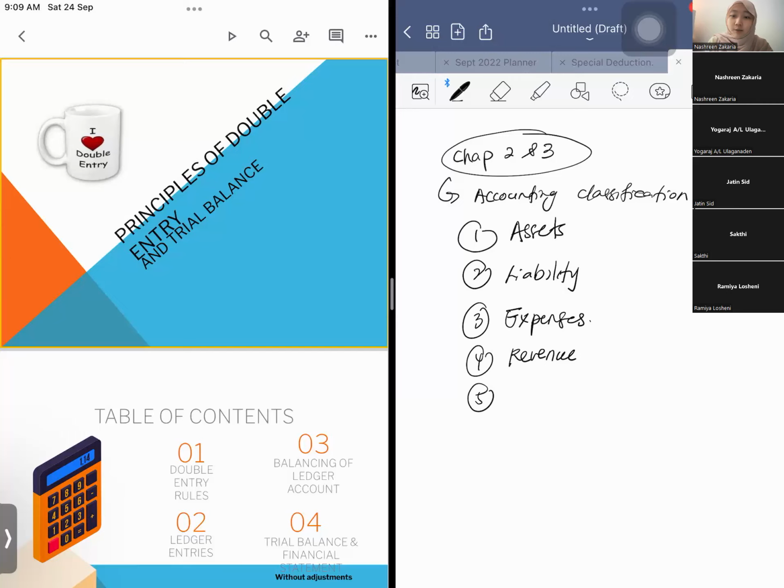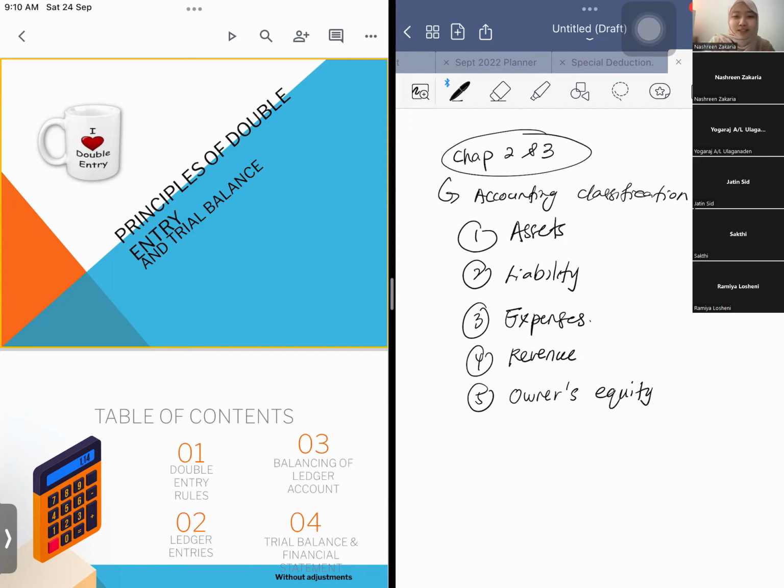Model, yes, correct. But the other word for model, what is it? Honest equity? Is it honest equity? Yes, correct. Yes, owner's equity. Thank you.